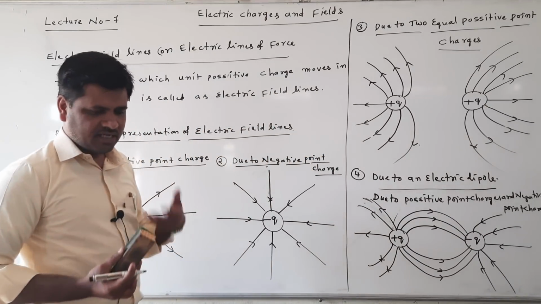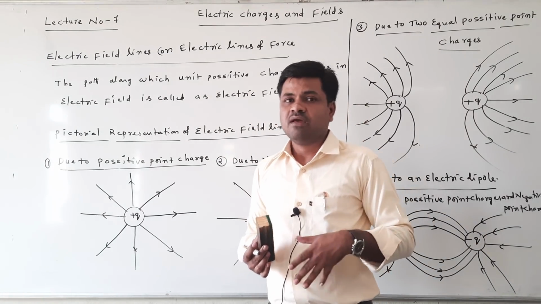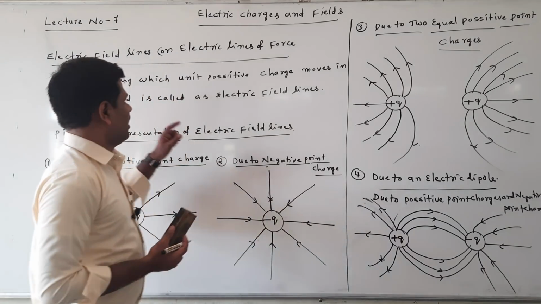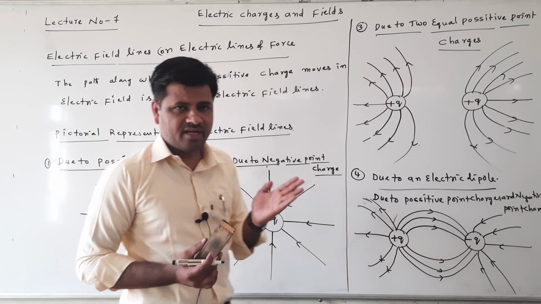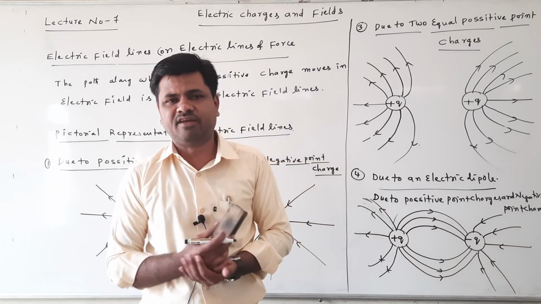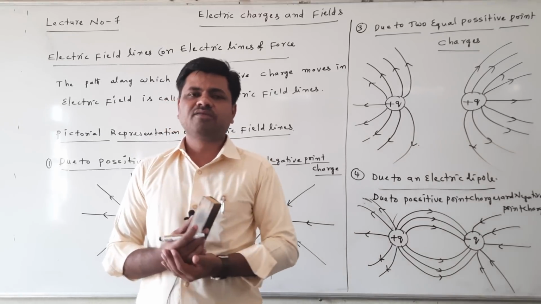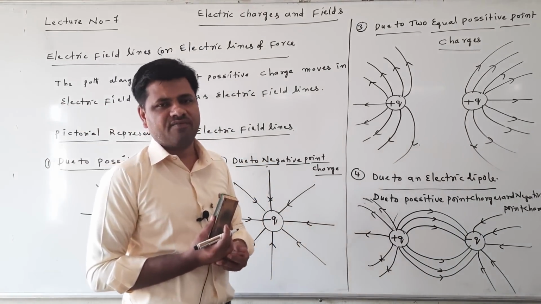Electric field lines are imaginary lines or curves. It may be lines or curves. We can draw these lines along the direction in which a unit positive charge moves in the electric field. That direction, the lines or curves we draw, gives us the electric field lines. Due to positive charge, electric field lines are away from the charge.